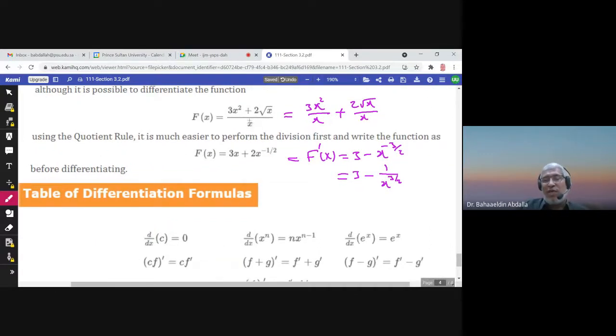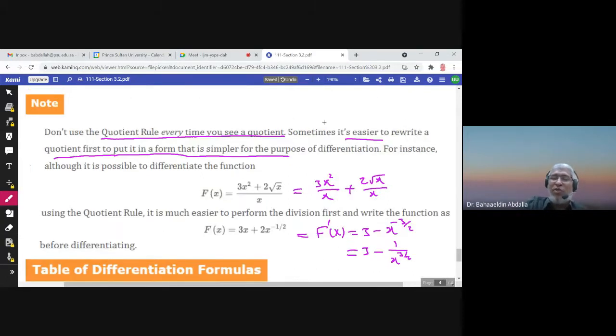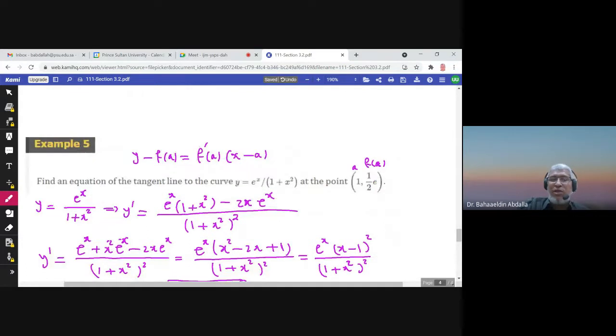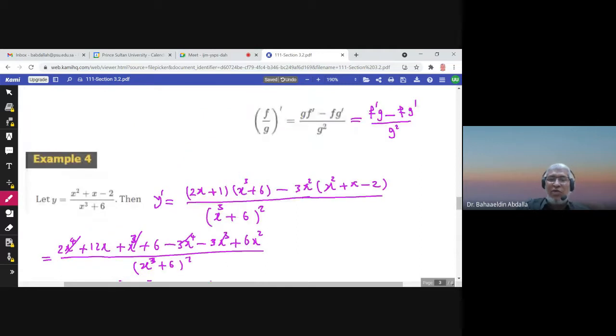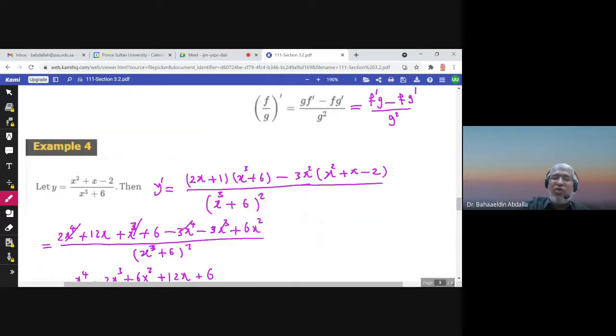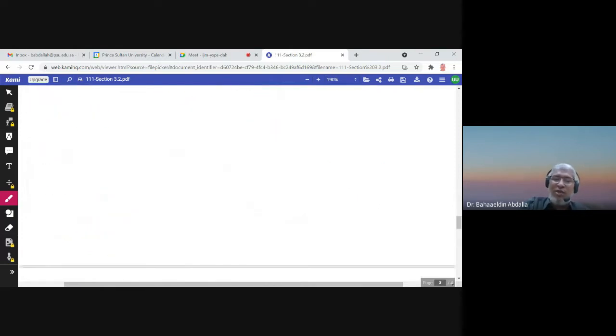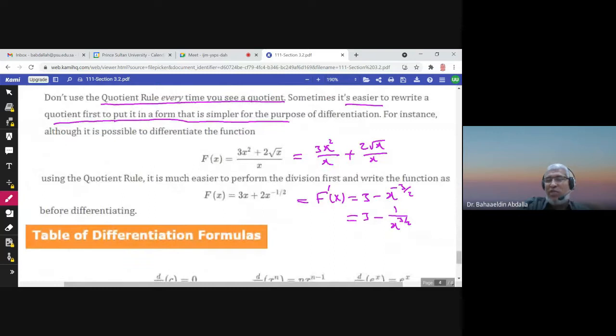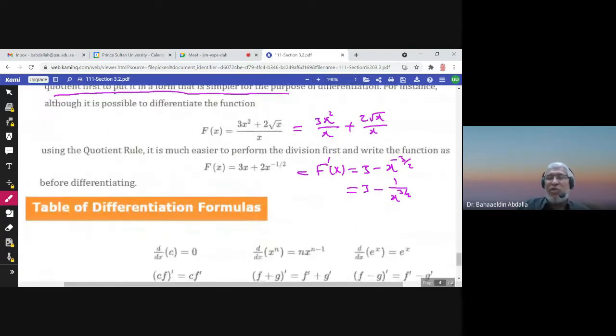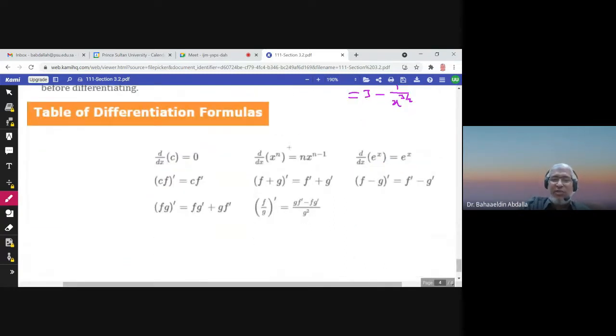Whenever the denominator has one term like this, you can distribute the numerator over the denominator. So here we cannot do this because we have two terms in the denominator. And here we cannot do this because we have two terms in the denominator. So as soon as you have two terms in the denominator, you realize that you have to use the quotient rule. But if there is one term like this, do this method, it's easier.